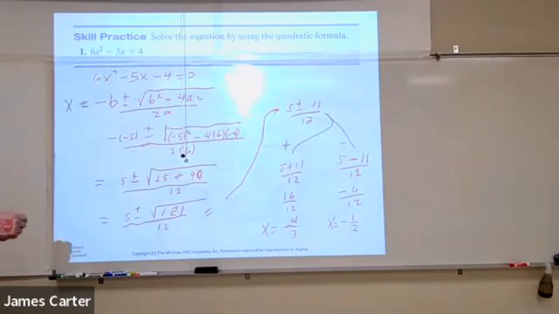6 is the a. Negative 4 is the c, and again, 6 is the a. Negative negative gives me plus. Negative 5 squared is 25. Negative times negative is plus. And 4 times 6 is 24, times 4 is 96, actually.